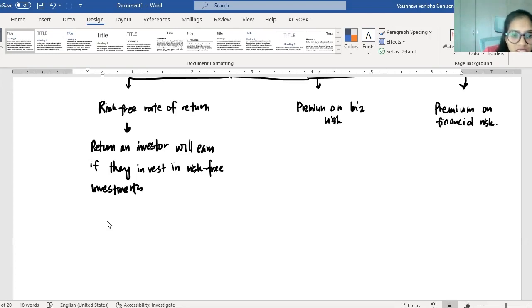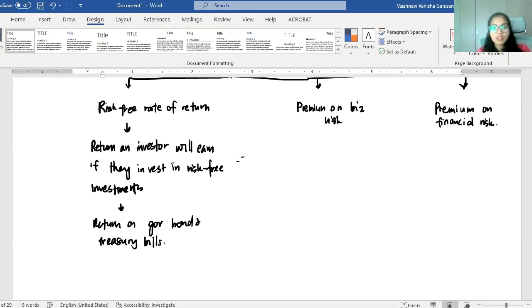Normally these are returns on government bonds and treasury bills.